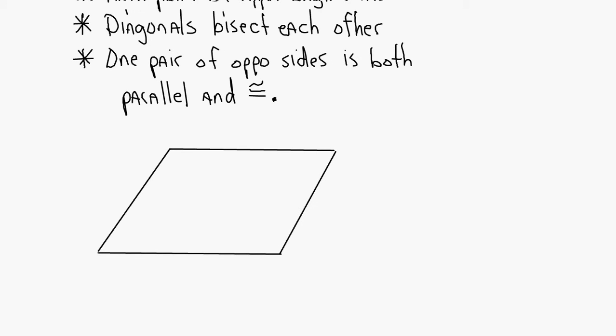one pair of opposite sides is both parallel and congruent. So that would look like this. All right, we'll say the top and bottom. If the top is parallel to the bottom, okay, and the top is congruent to the bottom, one pair of opposite sides is both parallel and congruent, then it's a parallelogram.